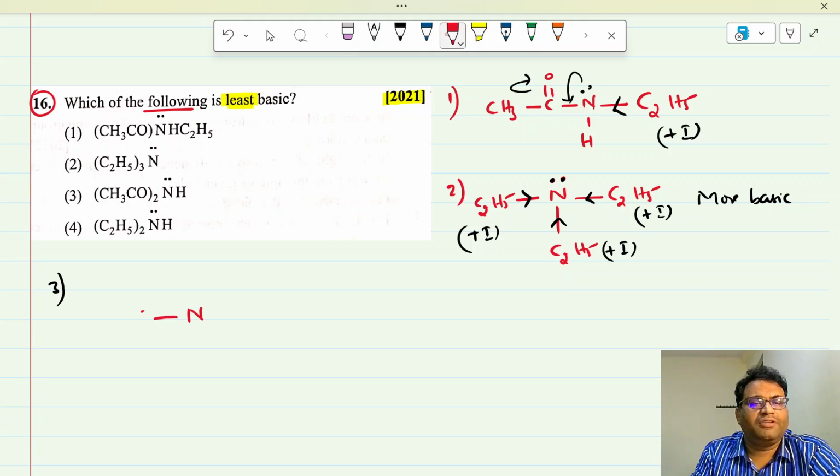Nitrogen, C double bond O, CH3, C double bond O, CH3.